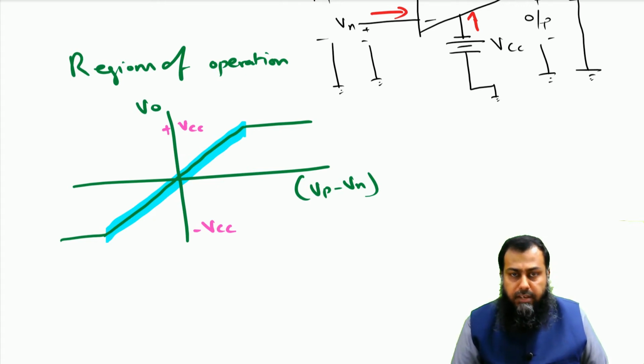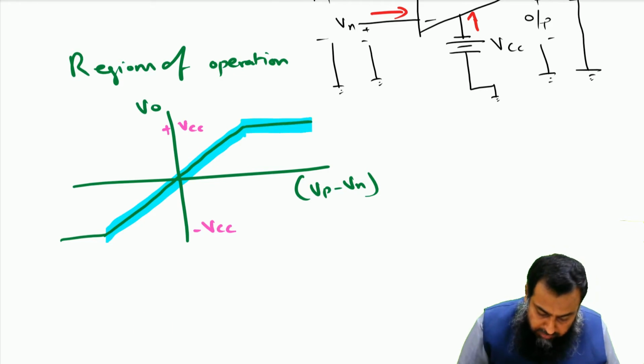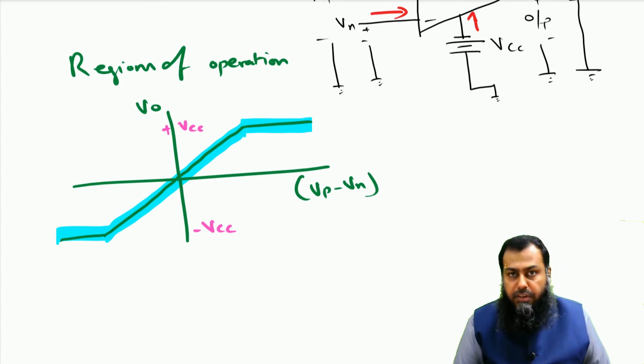So if we increase the gain such that the theoretical output tends to go beyond the value of plus VCC and minus VCC, then the operational amplifier becomes saturated, and it only gives us these particular voltage levels, which means that beyond these two points, the amplification is not possible.